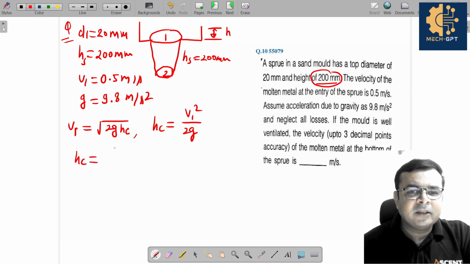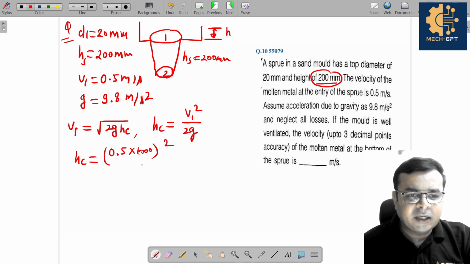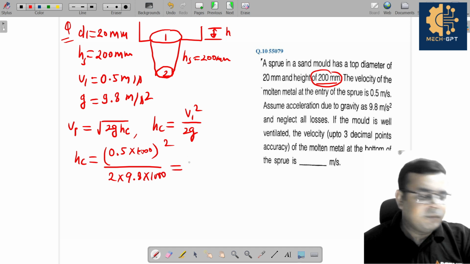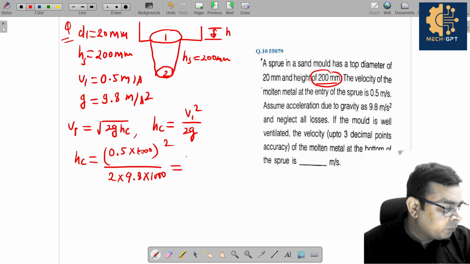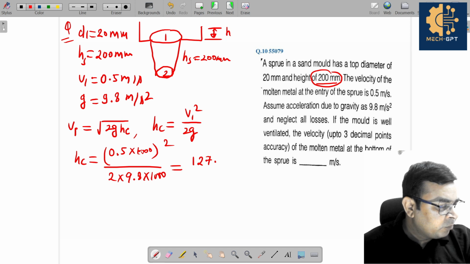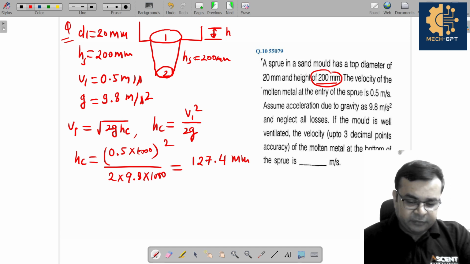V1 is 0.5 meter, and I multiply with 1000 because in 1 meter we have 1000 millimeter. This is squared over 2g, 2 into g, which is 9.8 meters, and again I multiply with 1000. After simplifying, I am directly writing the height of the pouring cup is 127.4 millimeter. Let me check once.